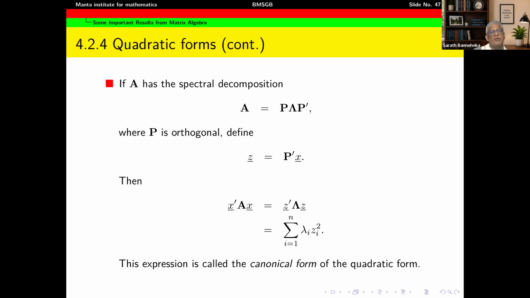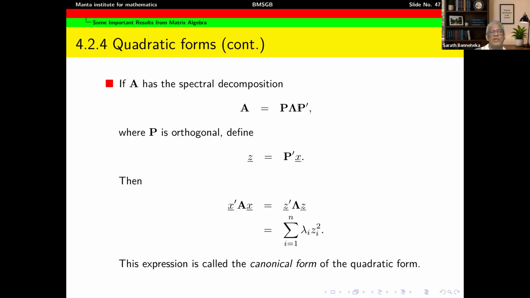If A has a spectral decomposition, that means if A is a real symmetric matrix, then A is equal to P Lambda P transpose, where P is the matrix of orthonormal eigenvectors, Lambda is the diagonal matrix of eigenvalues, and P transpose comes from this. So that's what the spectral decomposition is.